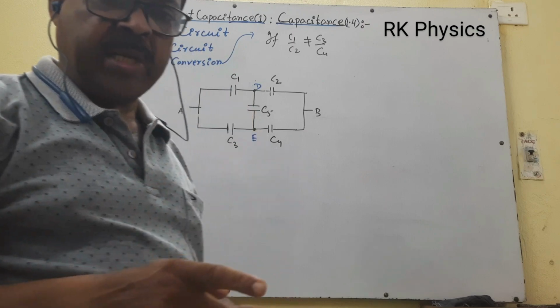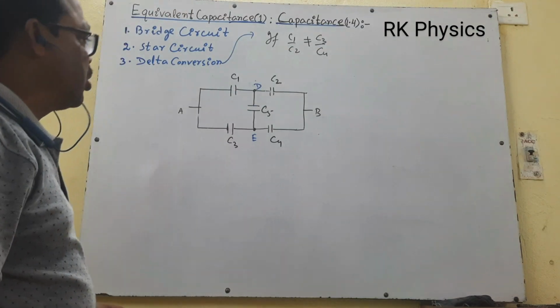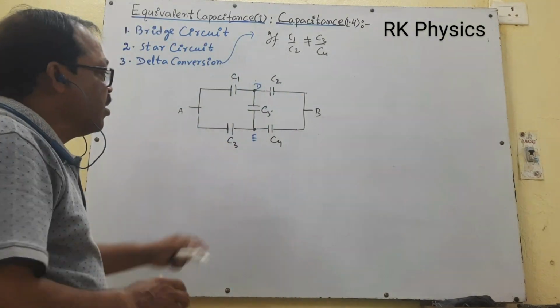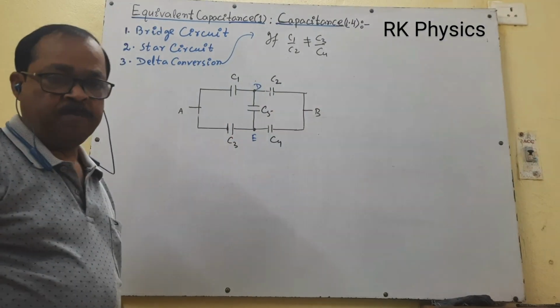If they are not the same, charge flows across D and E. If charge flows across D and E, you cannot neglect C5.